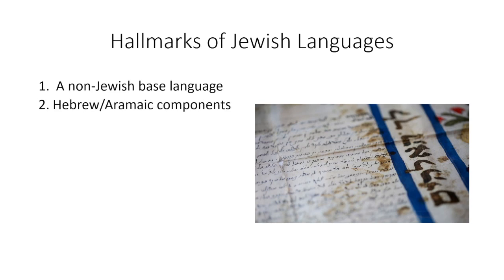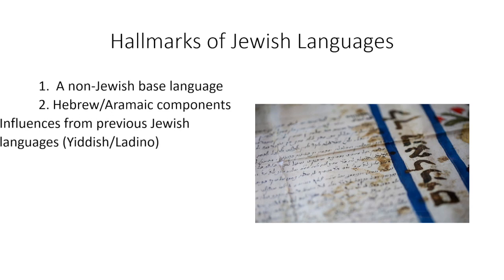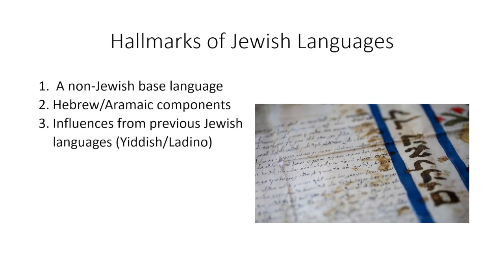Next, it has a huge number of Hebrew and/or Aramaic components. These are usually words, sometimes phrases, and so on, borrowed from Hebrew into the non-Jewish language base. There are also influences from other previous Jewish languages.